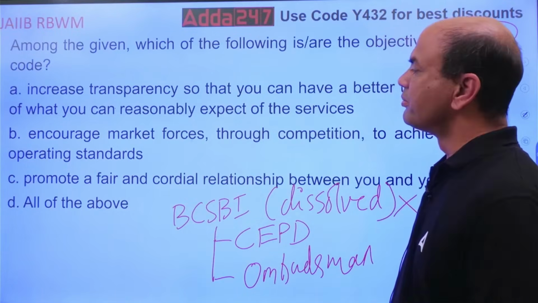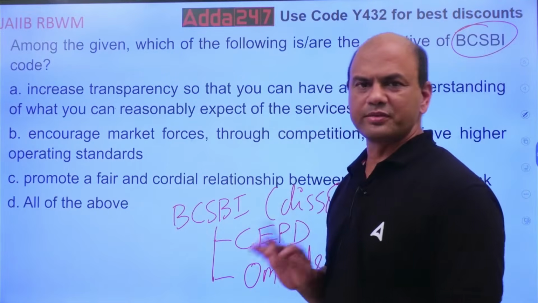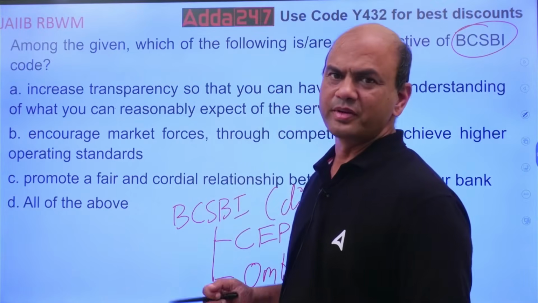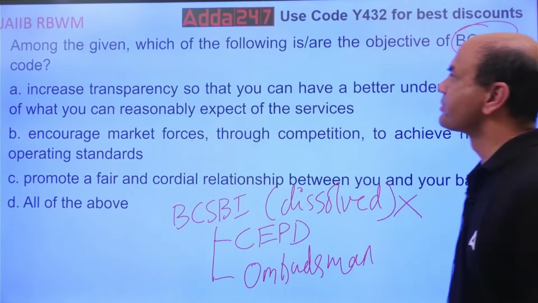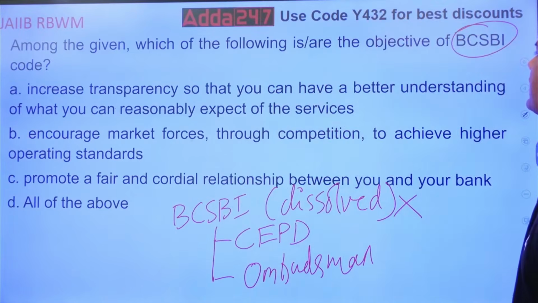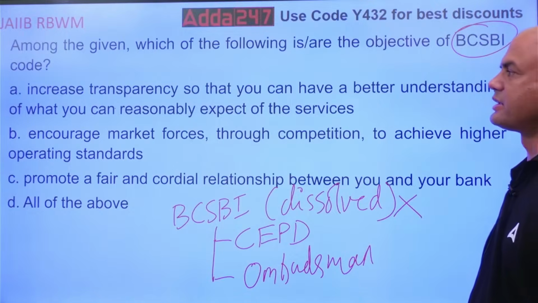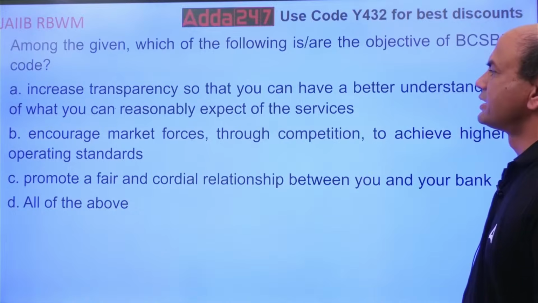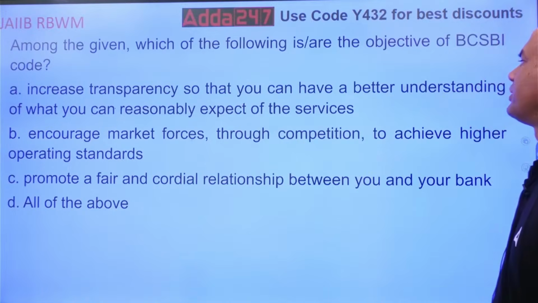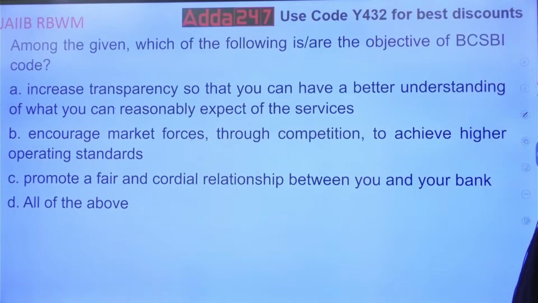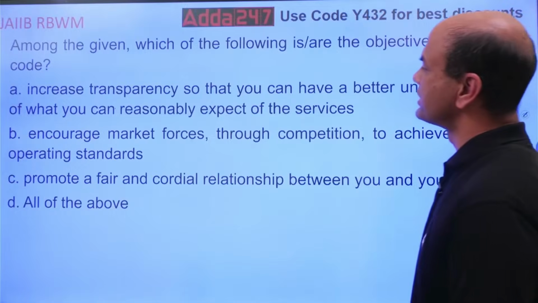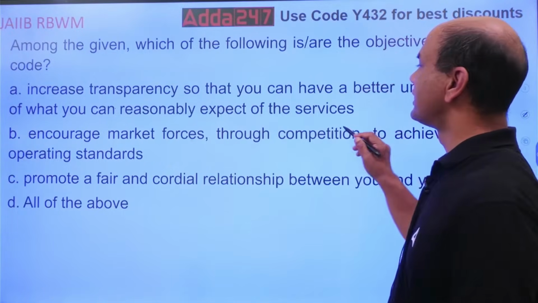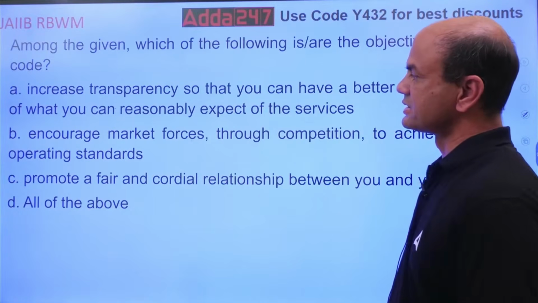Okay? But in your book, you still have the questions. So you might get the question in the exam also. So let's see. Among the given, which of the following are the objectives of BCSBI? Increase transparency so that you can have a better understanding of what you can reasonably expect of the services.